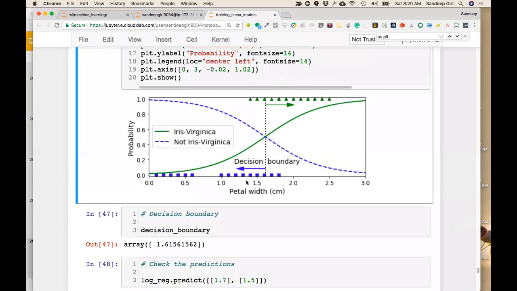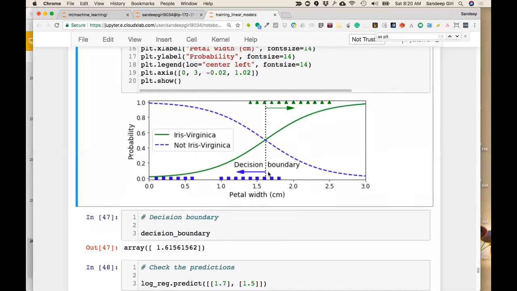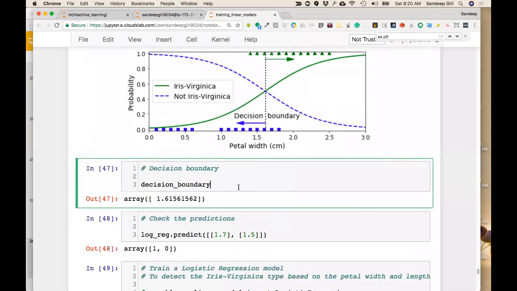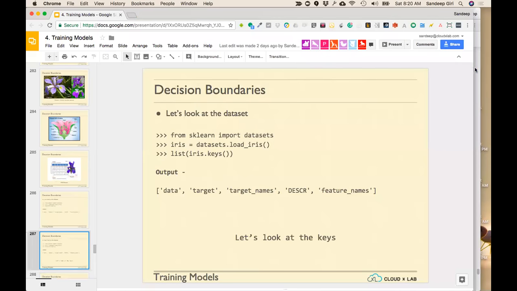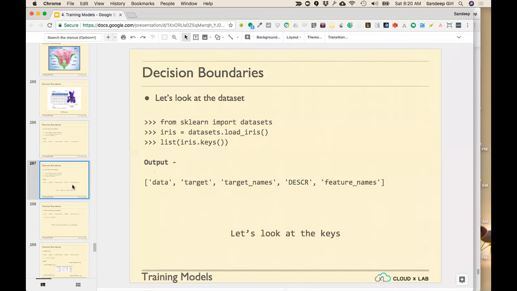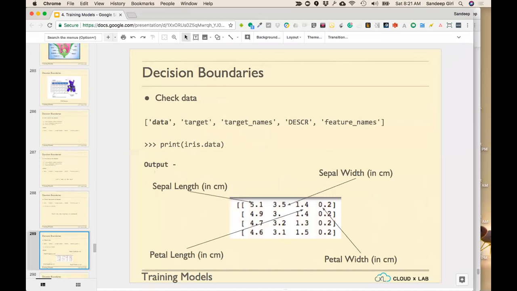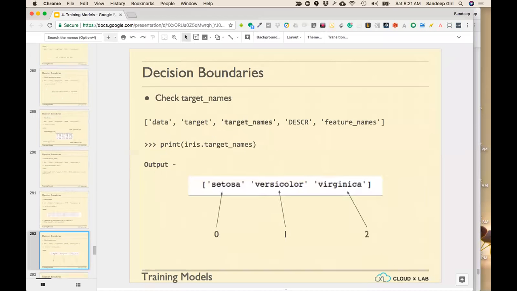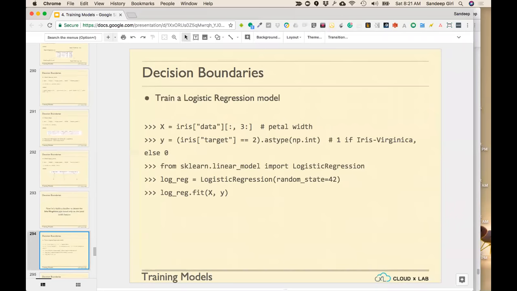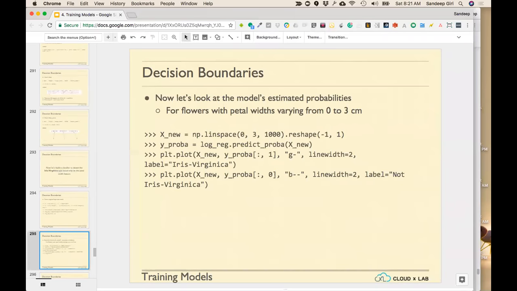On this decision boundary, there is a high probability of both. Now, let me just show you from that side. So this we have talked about, and this also we have discussed.